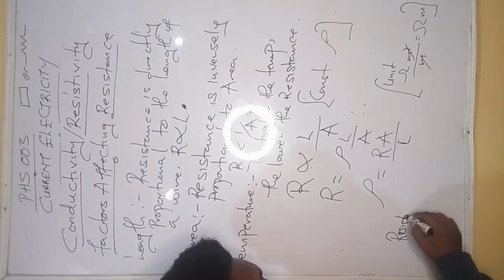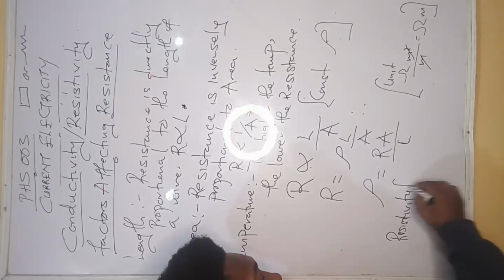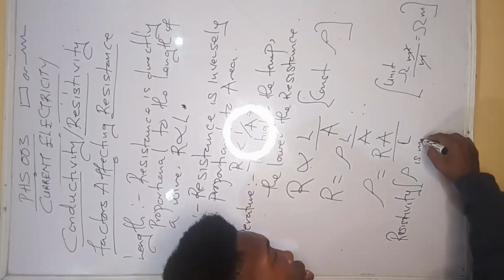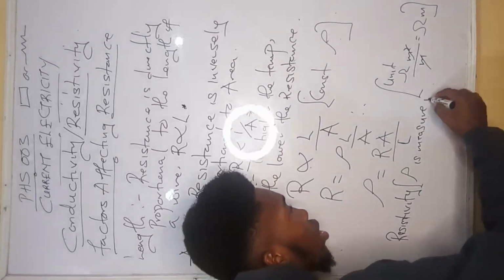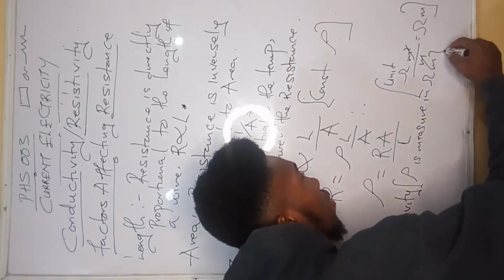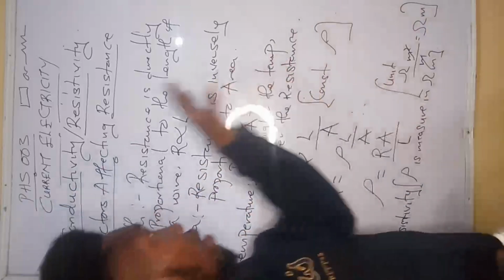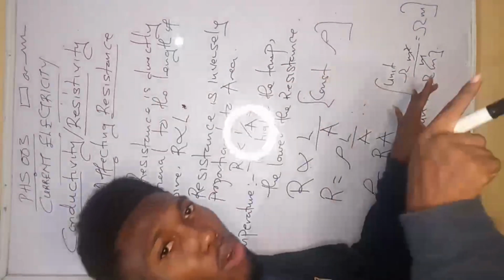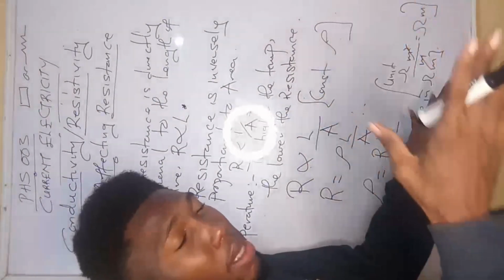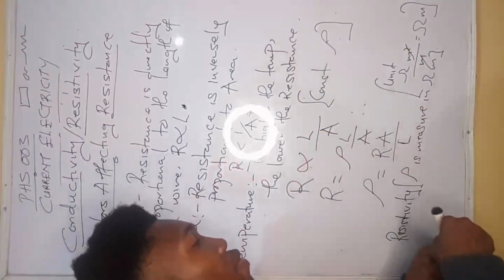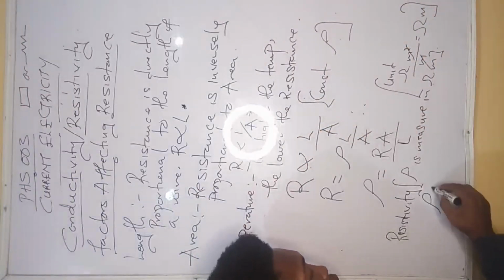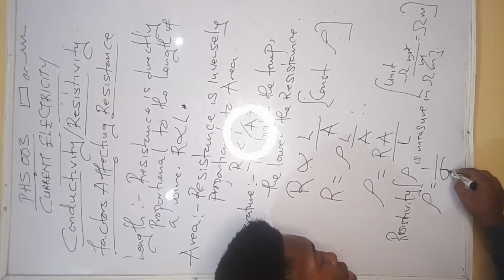Resistivity is measured in ohms meter. Have you seen that? Finally, I told you everything here is the opposite of conductivity and conductance. So we can just say now that resistivity is equals to 1 all over conductivity.